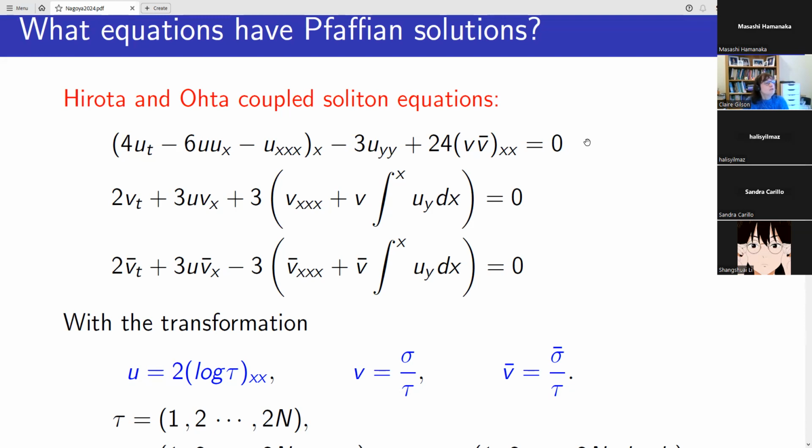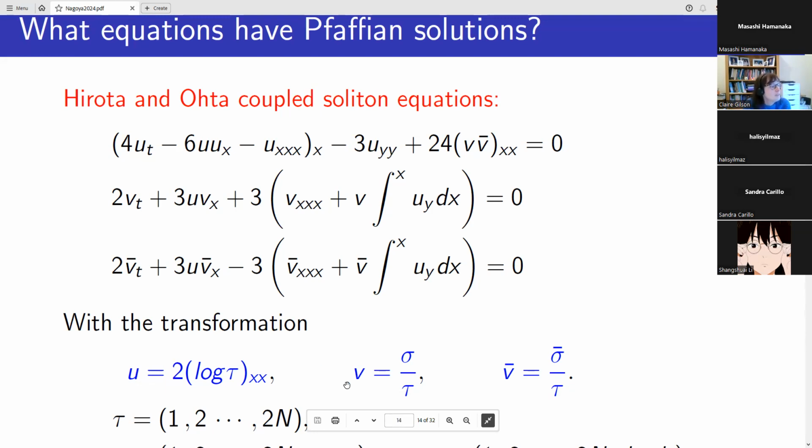And so with my definition of a Pfaffian, if I'm thinking about things being commutative, I could definitely take this and turn it into something that looks like a quasi-determinant solutions. So I'm going to take a transformation. Typical transformation is that U is log of tau differentiated twice.